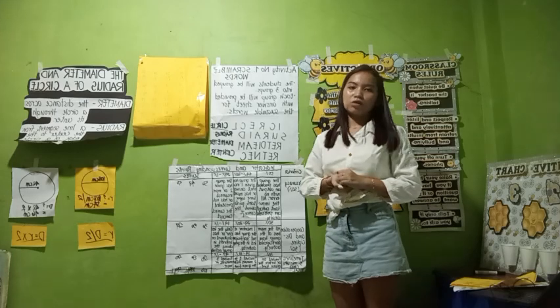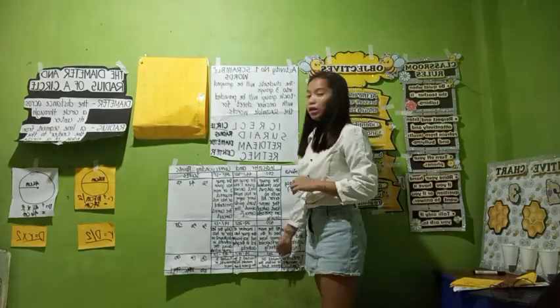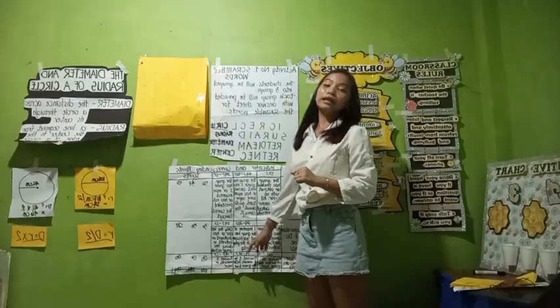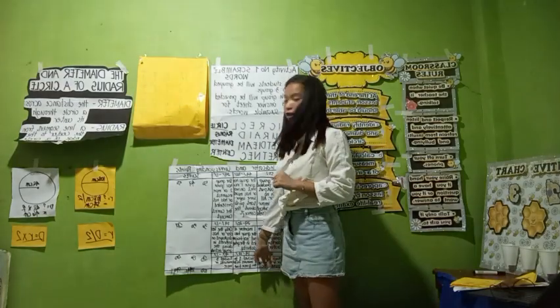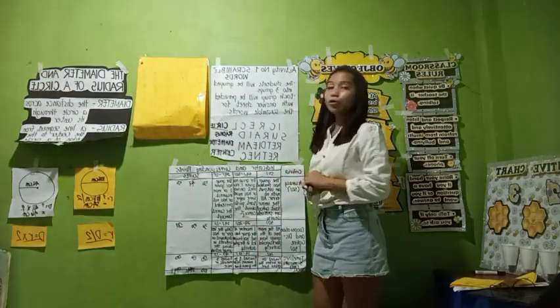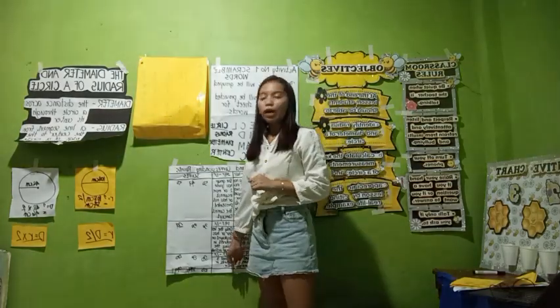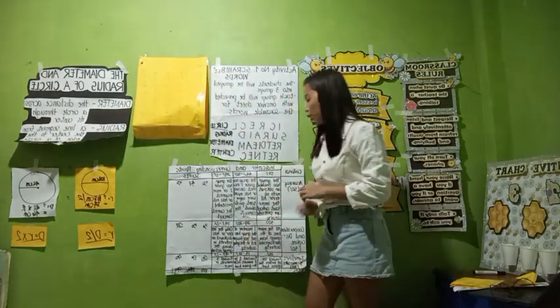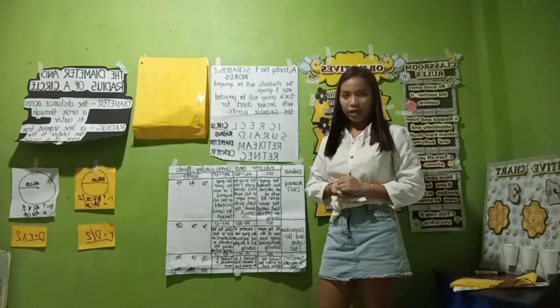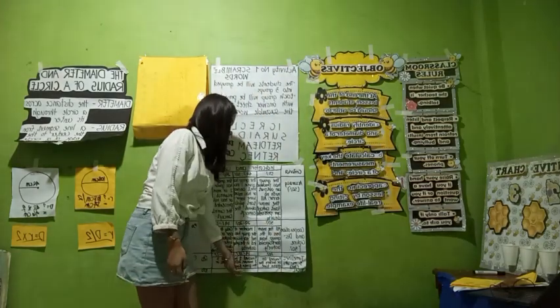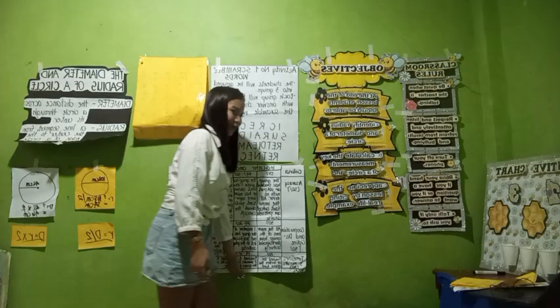So, timeliness, 20%. 20% if you finish on time. 19 to 10% if you finish 1 to 2 minutes after the given time. 9 to 1% if you finish 3 or more minutes after the given time. Okay, now you can start. 10 minutes, start now.